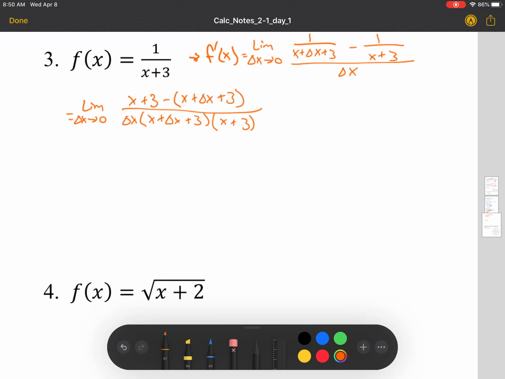Okay, you guys should be able to simplify that stuff with the fractions and the numerator and all that now. It's just expanding it on out, just like we've been doing.